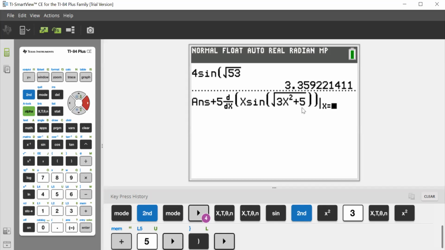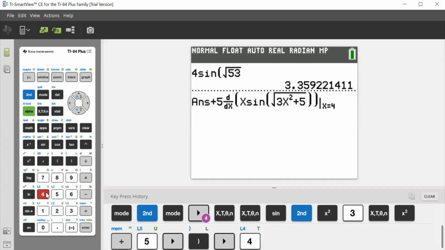And that's at x equals 4, right? Yeah. So hopefully you got 25.455.